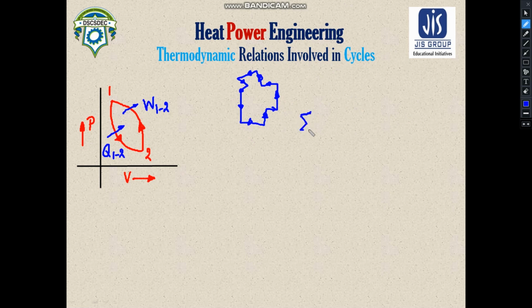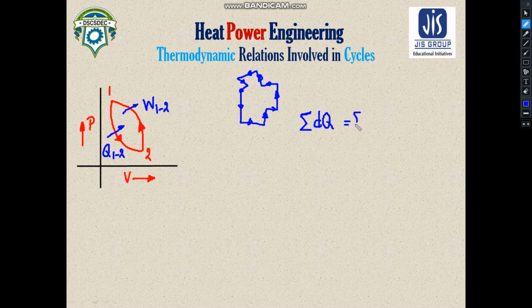If we write dq as the heat transfer, then the summation sign means if there are say 5 processes, then all the heat transfers that have been done in all of these 5 processes need to be added up, and then we can move on with the calculation.